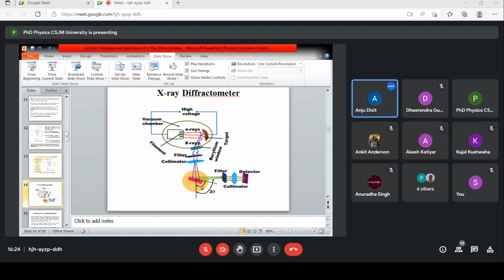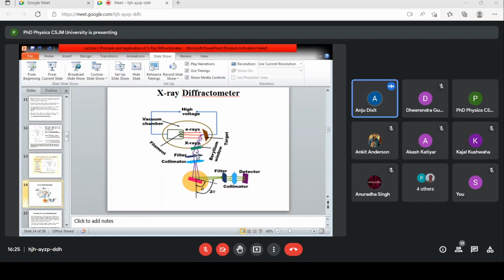Electrons interact with the tungsten target and dislodge atoms from the target, and then X-rays are produced. A filter is there because we have to use only a single wavelength; we are going to use monochromatic X-rays.